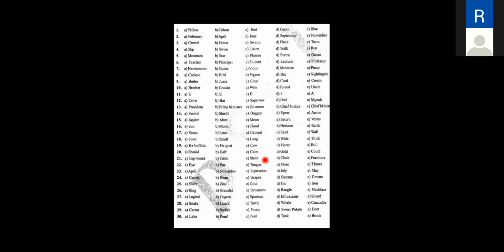Number 8. Cuckoo, bird, pigeon, bat, and nightingale.